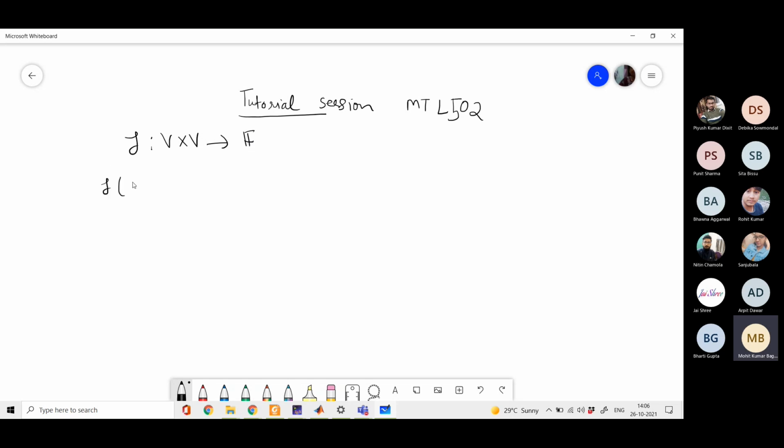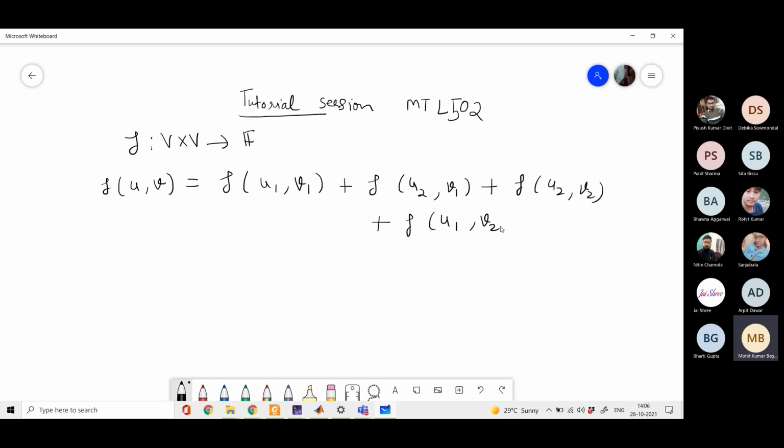So you define a function of u and v equal to f of u1 v1, f of u2 v1, f of u2 v2, f of u1 and v2.